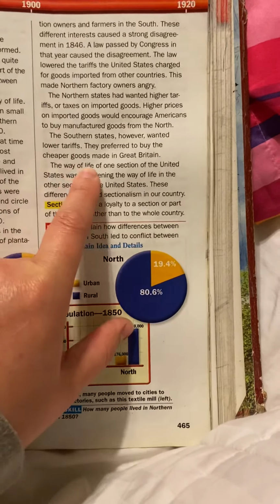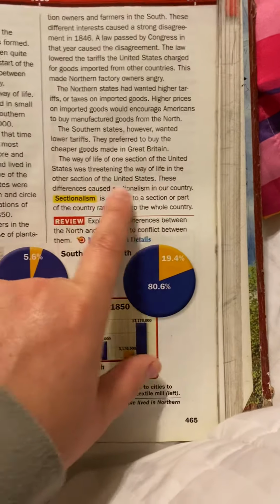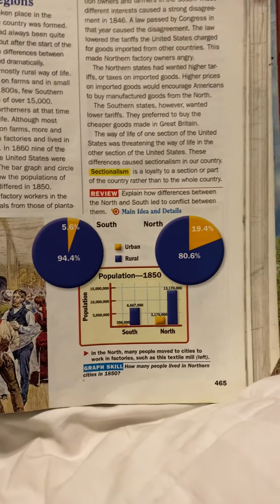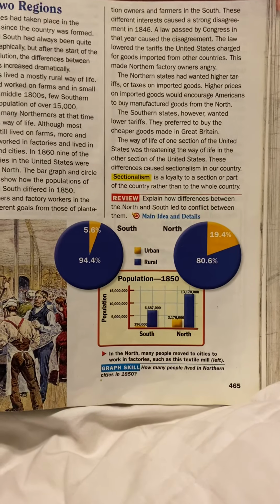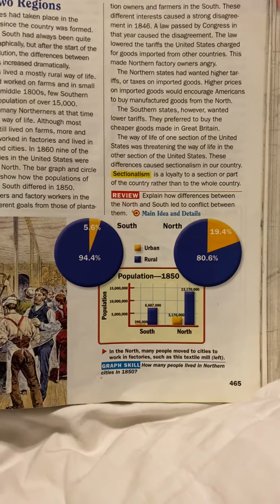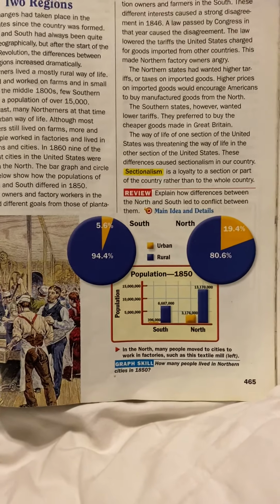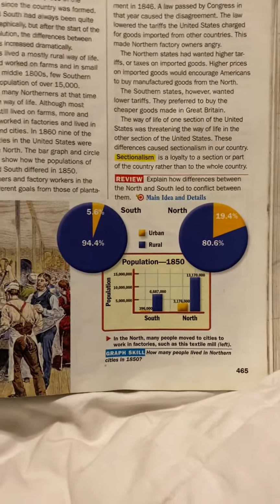So one way of life in the United States was actually threatening the other way of life. If the South started buying from Great Britain, it would do a lot of damage to the North's economy. But if the North was overcharging the South, then it would do damage to the South's economy. So it pushed them against each other and created this sectionalism that kind of already existed.